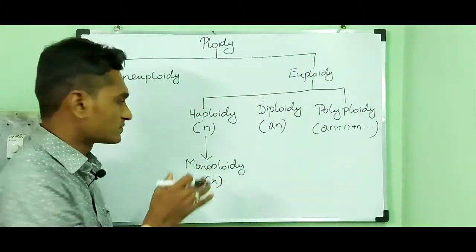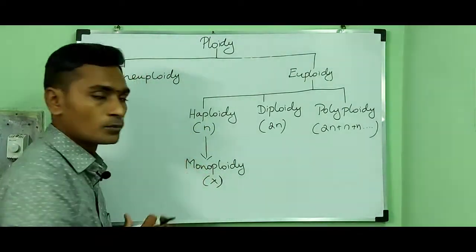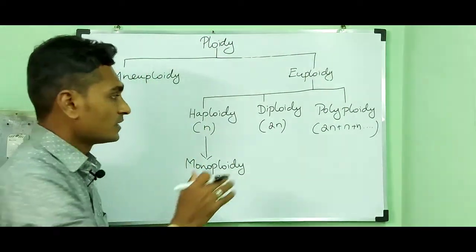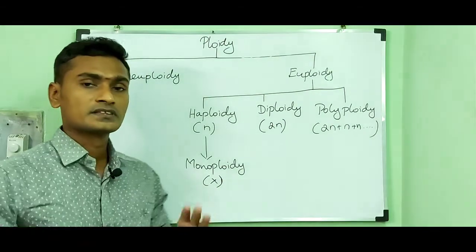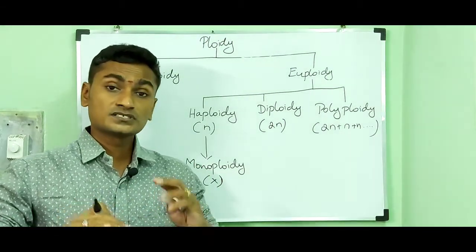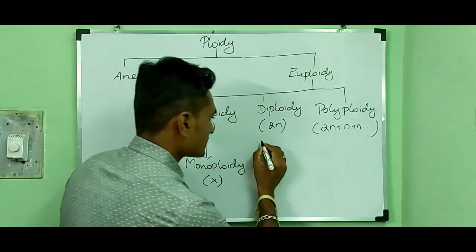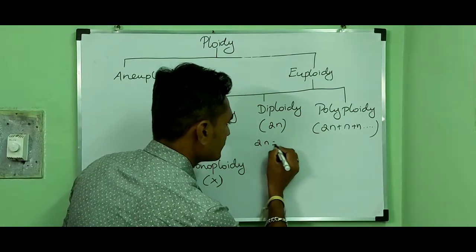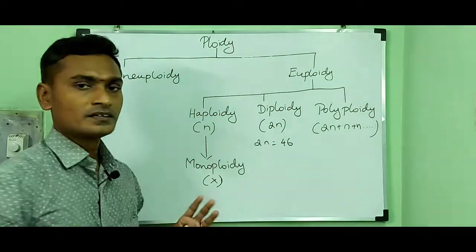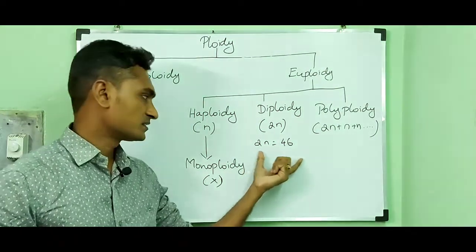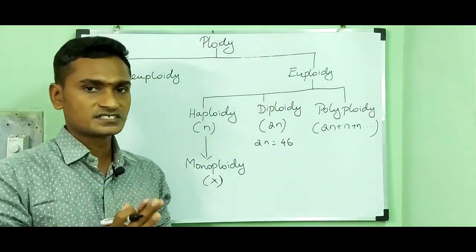How can we differentiate them? Diploidy means the organism possesses two sets of chromosomes. For example, 2n is equal to 46. So a human being contains 46 chromosomes in diploid nature.